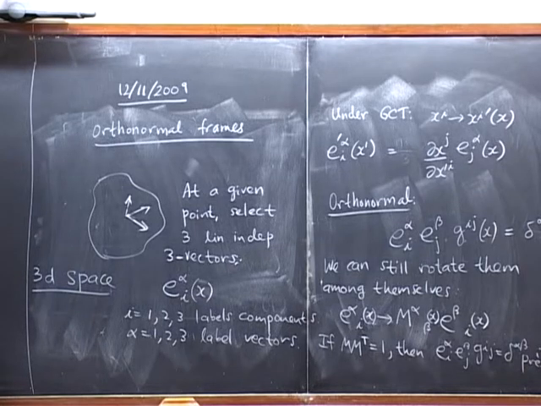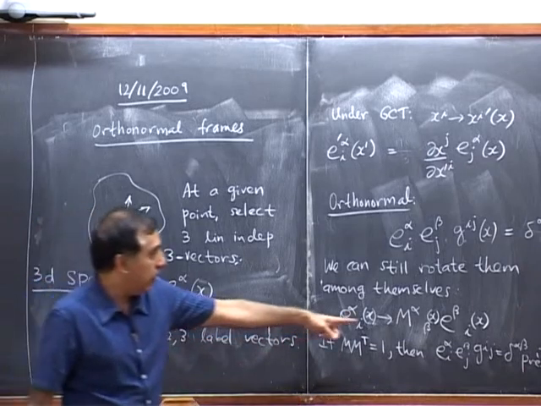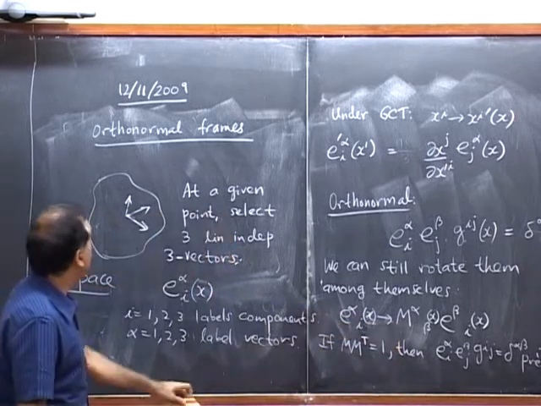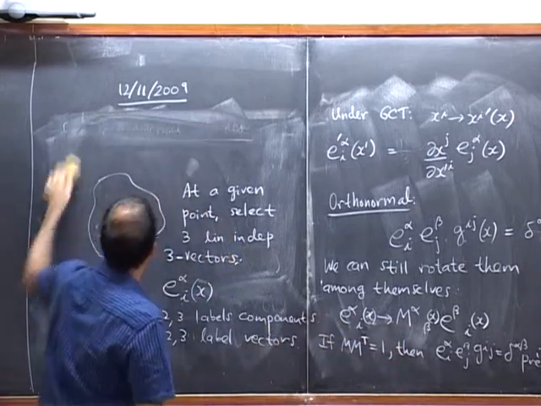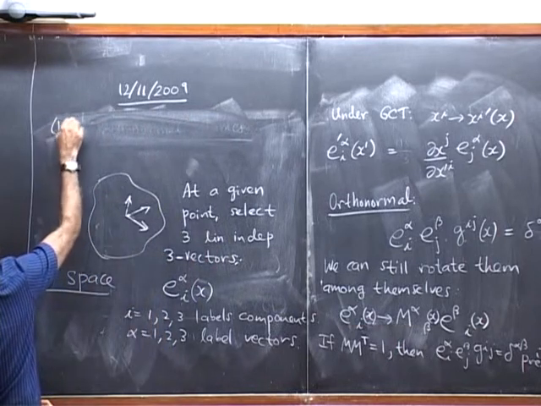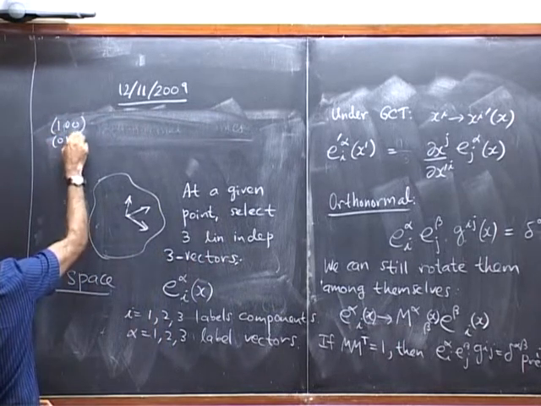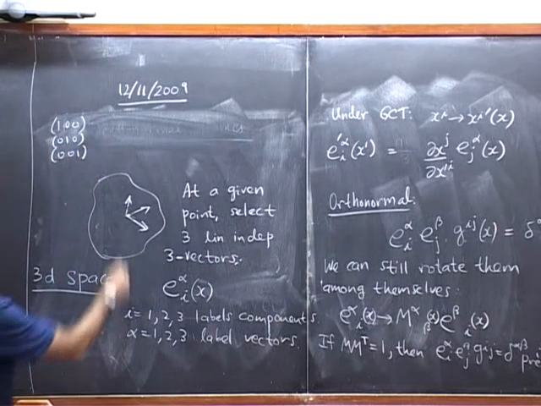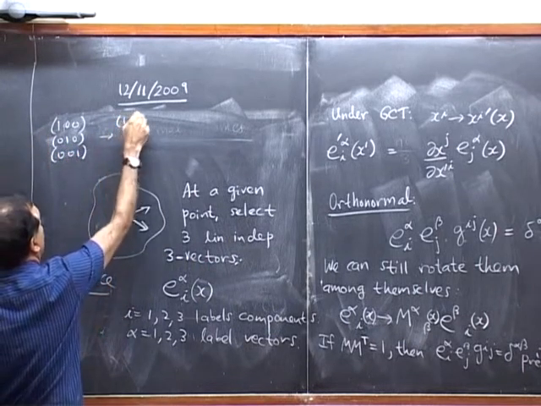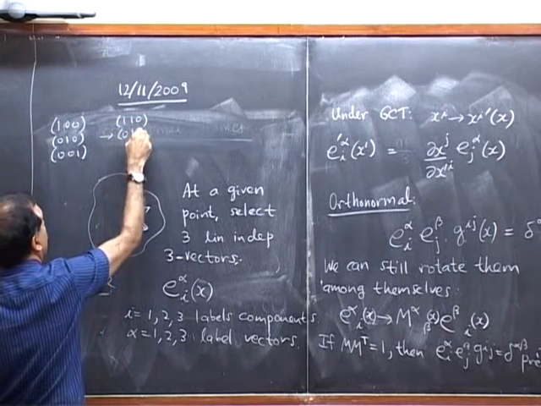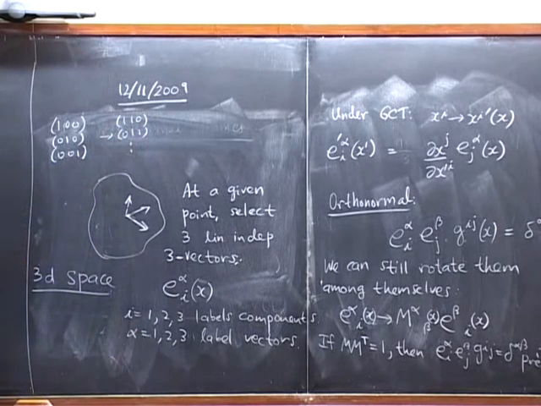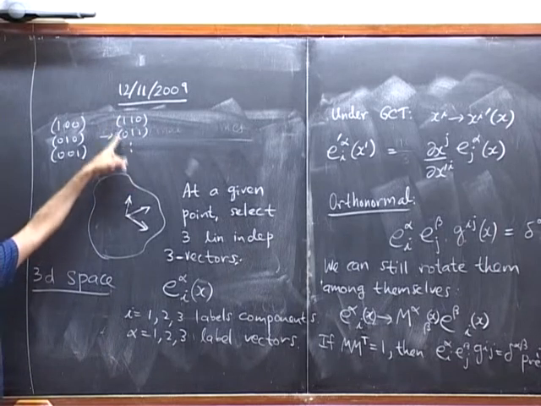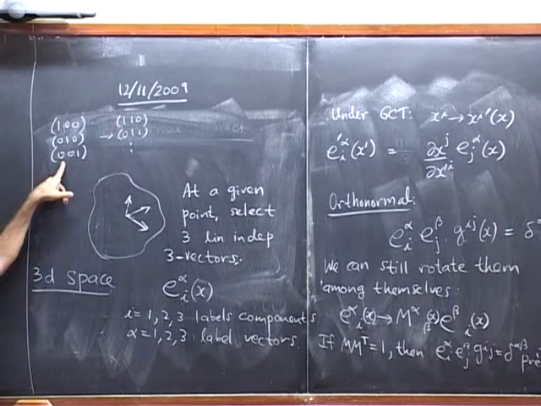But what I'm saying is that this kind of rotation is something that we certainly know in ordinary R3. For example, if somebody gives you 1, 0, 0, 0, 1, 0 and 0, 0, 1, you are free to take some new vectors which might be 1, 1, 0 or 0, 1, 1 or whatever, right? These are some new set of vectors, but as you can see, they are nothing but linear combinations of these.